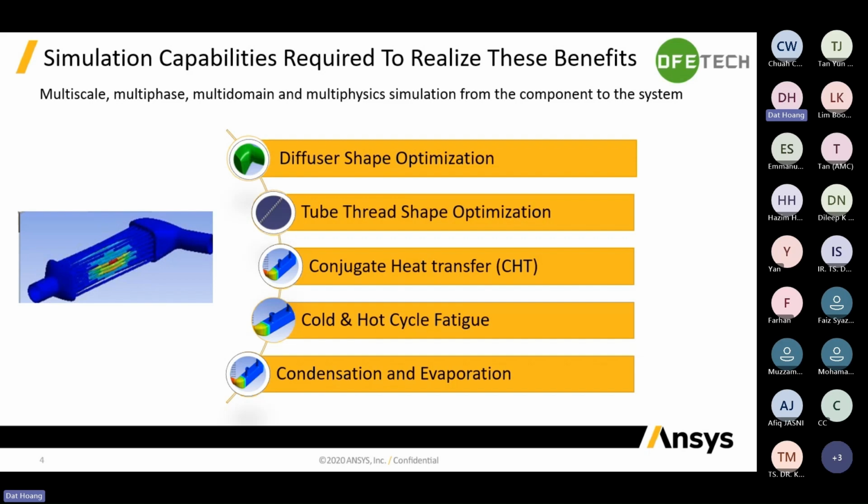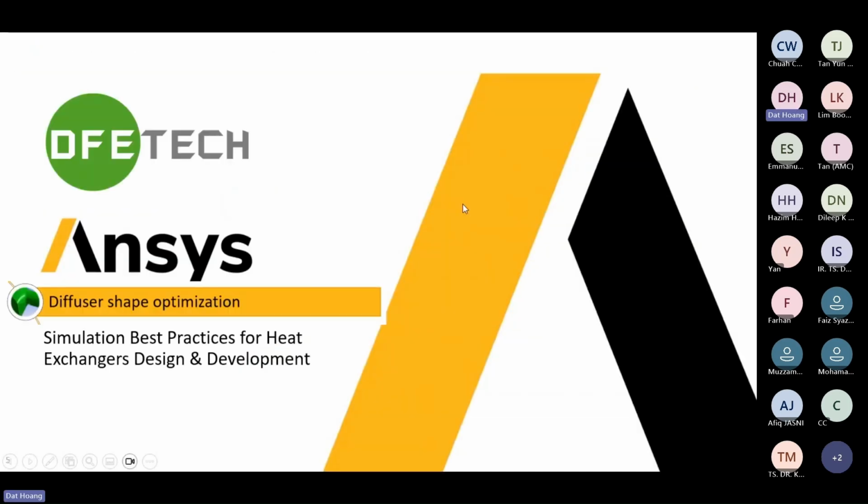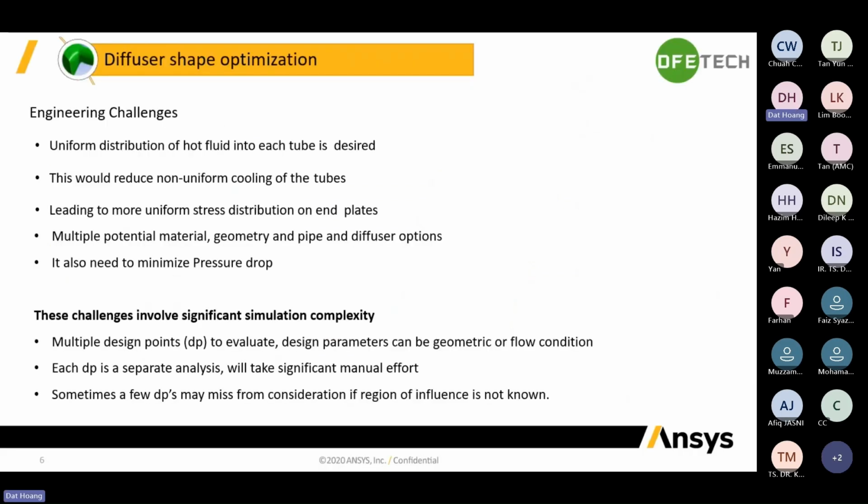So let's dive into a specific case to illustrate these points. The first case will be the diffuser shape optimization. In this specific case study, I would like to put forward some engineering challenges when we want to do diffuser shape optimization.